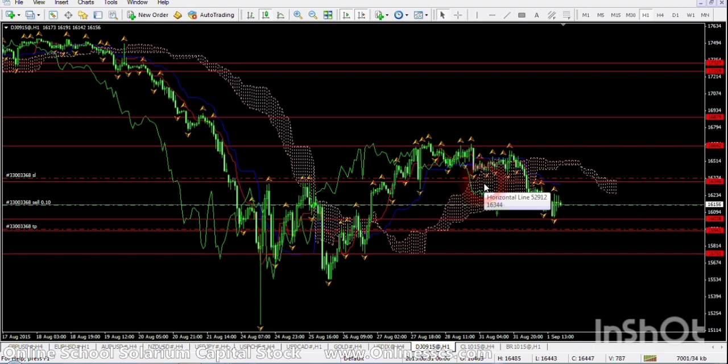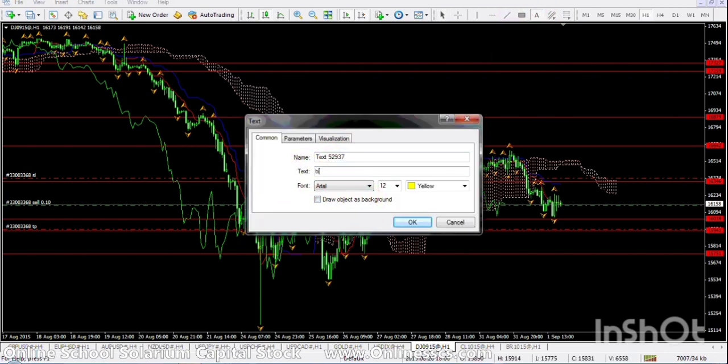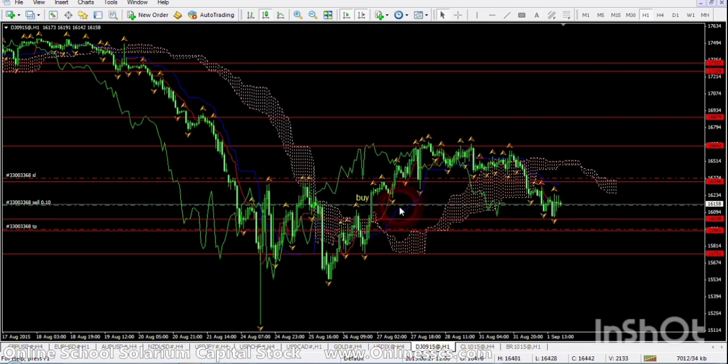See where there is a flat. I have a flat here. I think if I say pivots, it's easier and simple for you. Now this is for a downtrend.